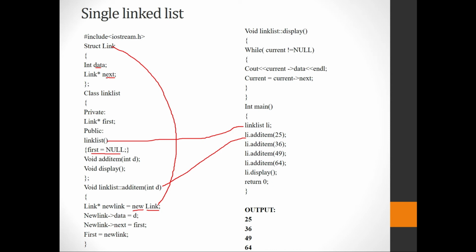What is next? That is the pointer. It is pointing to null. So now you will have only one node like this. You will have a data. What is the data value? It is 25. And now this is your pointer and you are telling it to point to null. Hope you understood this particular thing.